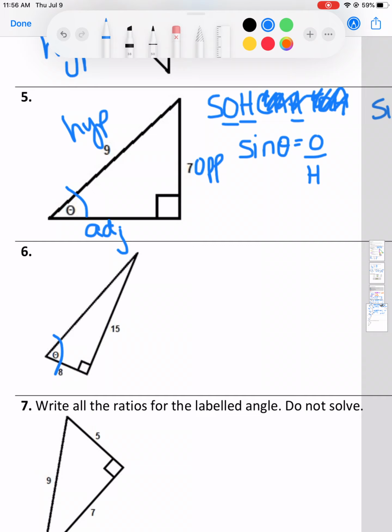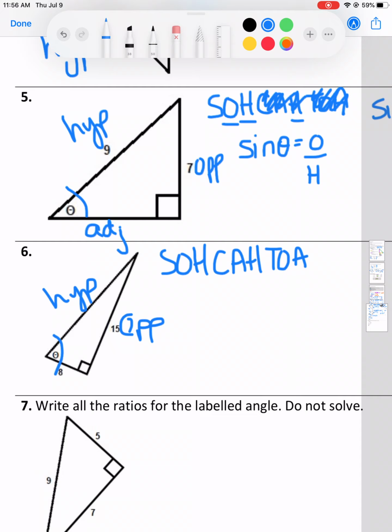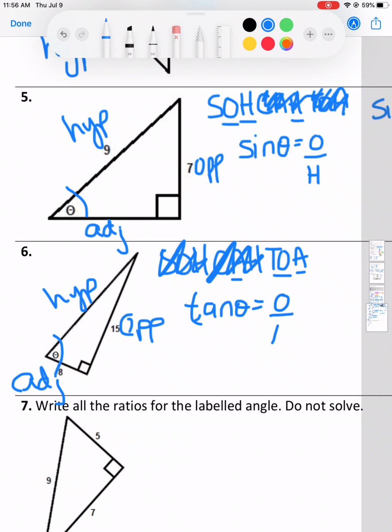Okay, so what do we got? Hypotenuse, I've got my opposite, I've got my adjacent. So I need an angle. I've got my adjacent and I've got my opposite. So tan, opposite over adjacent.